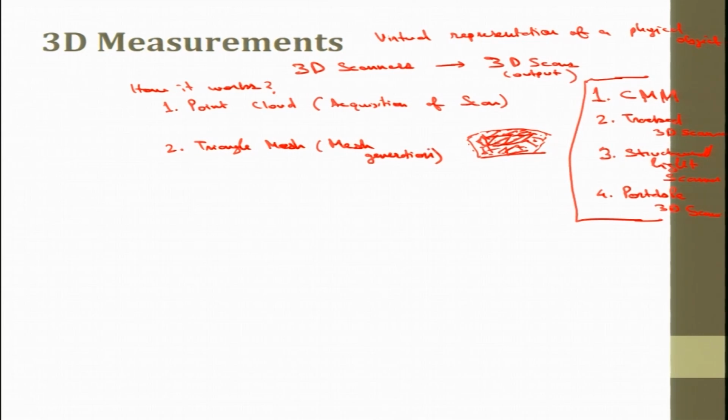The third step, when the mesh is generated, is that we need to optimize the mesh. When we conduct a strength analysis or heat analysis on this mesh, the more triangles there are, the more computation is needed. So it depends upon what type of computation we need to do.